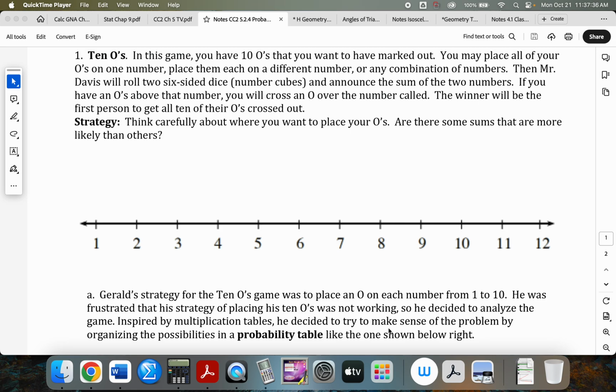First number is 5. Next number is 9. Next number is 3. Next number is 6. Next number is 11.